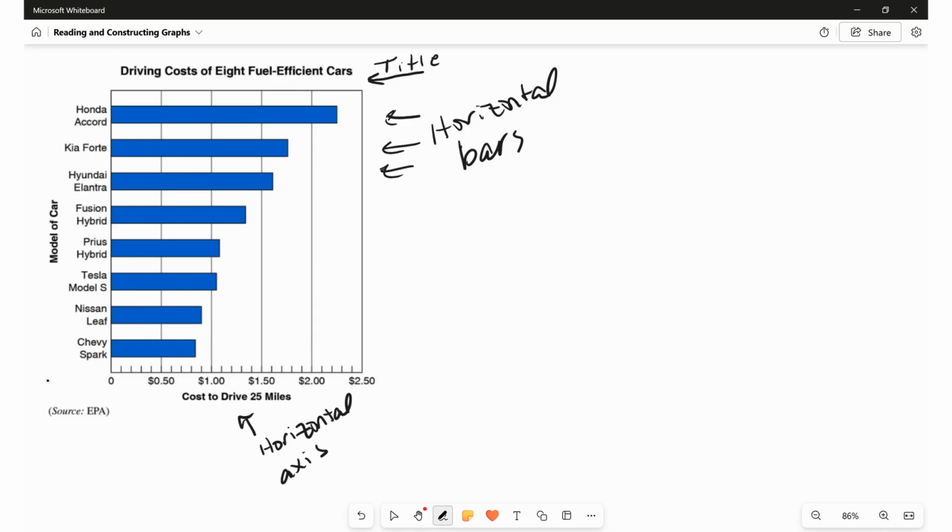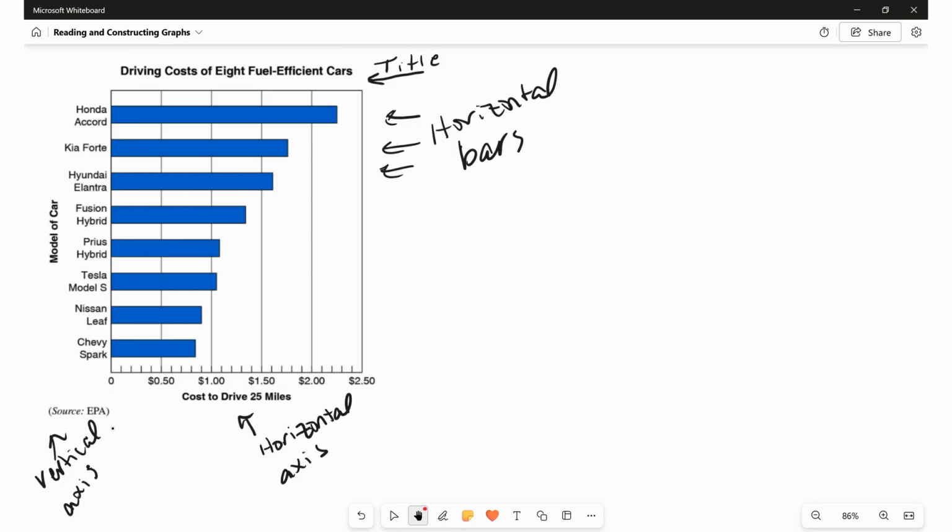Over here, we have the vertical axis. Okay. And our horizontal axis gives us the cost to drive 25 miles for each one of these model cars.